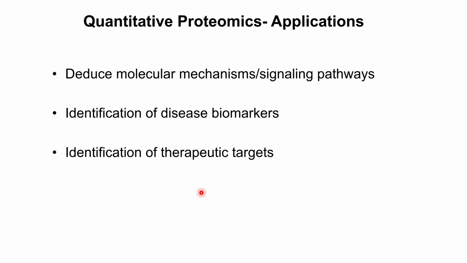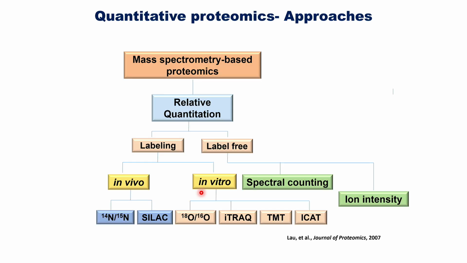You always get the significance p value, and once you have identified the proteins and mapped the signaling pathway, you can target those proteins, correct? You have heard of mTOR inhibitors, everolimus, and bevacizumab, which is a VEGF inhibitor. So yes, if you identify a protein, you are close to identifying the therapeutic target.